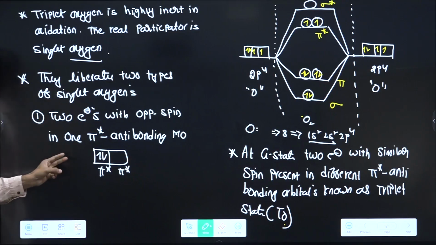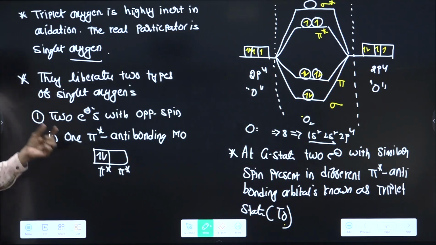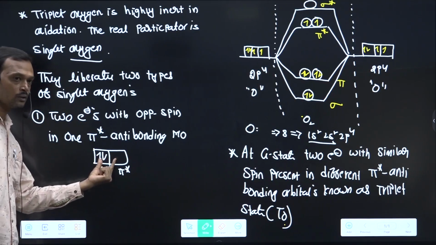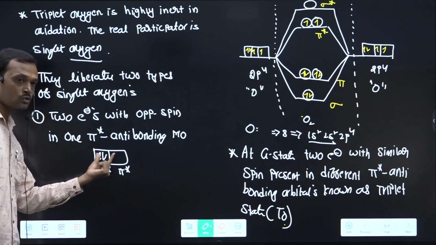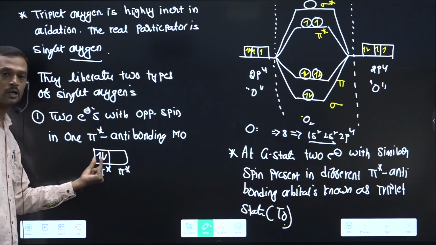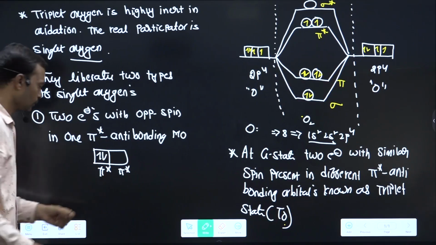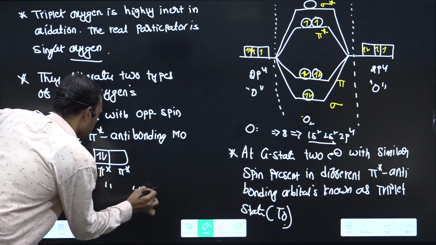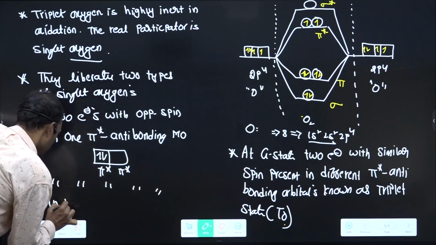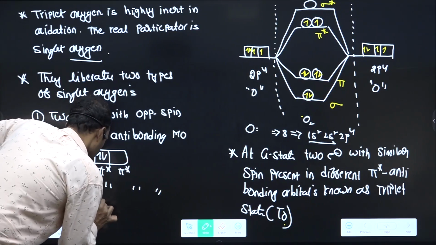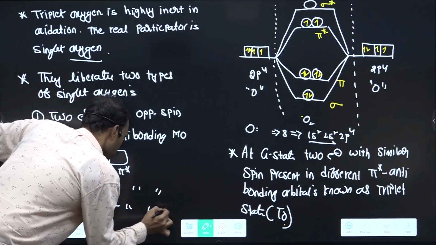Two types of singlets are known for molecular oxygen. First singlet, two electrons initially same spin or not? Now two electrons with opposite spin, but the two electrons are present in one pi star antibonding orbital. Now second possibility, same two electrons with opposite spin in two pi star antibonding molecular orbitals.